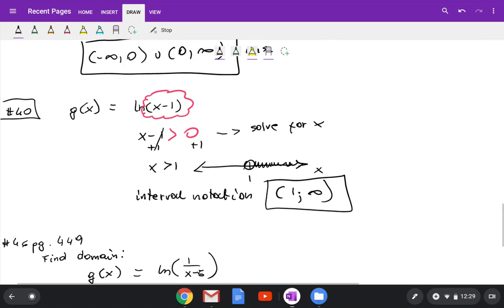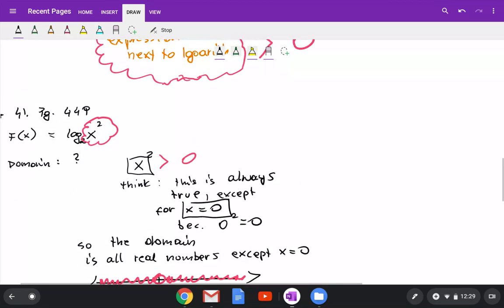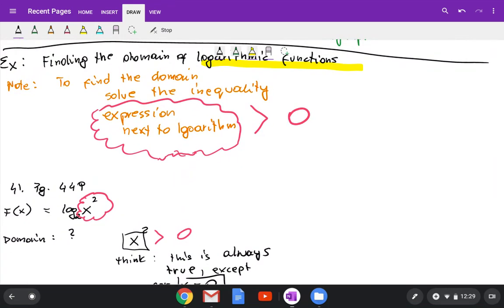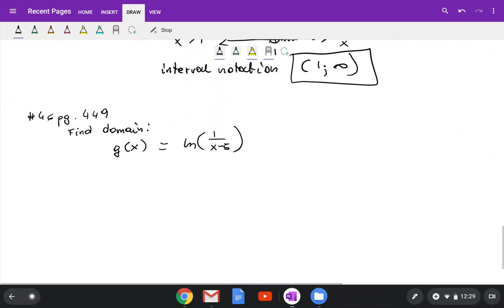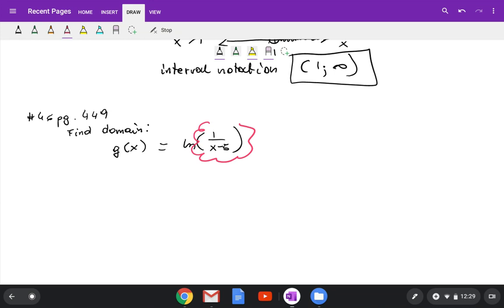So to find the domain of logarithmic functions, this is what we always use. Expression next to log has to be greater than 0. So we solve the inequality. In our case, we have 1 over x minus 5, and that expression has to be positive.